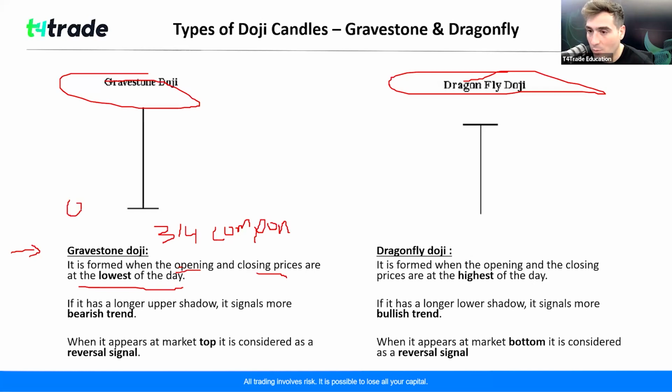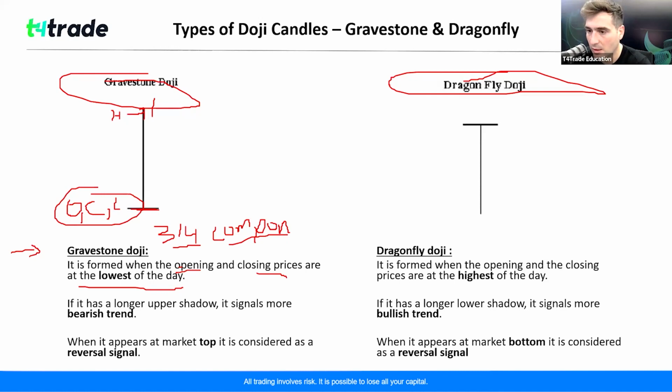So you have open here, you have close here because it's flat, no real body, and you have the low as well. The Lone Ranger is the high point, which is this one. So you have 3 out of 4 components of what makes a candlestick at the same level.